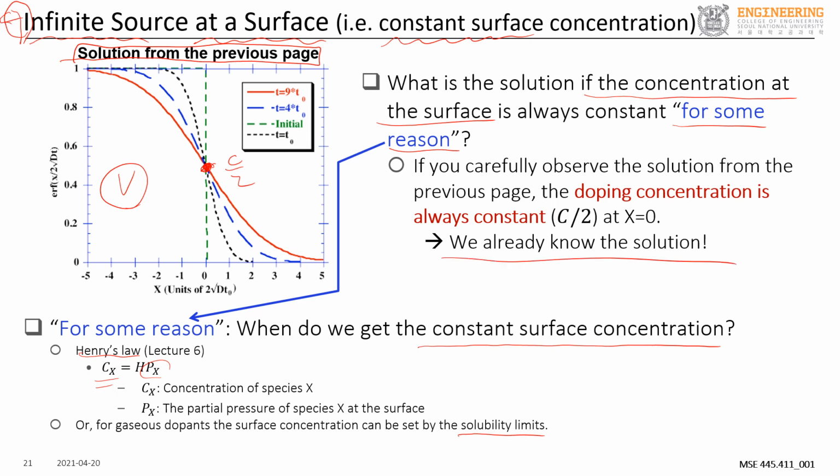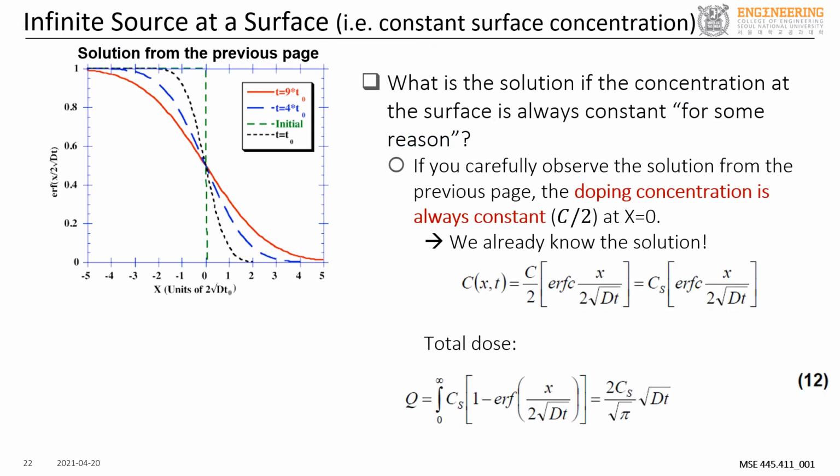So we already know the solution. If you know the solution from case number 3, this was the solution, and now you just need to modify this to be C over 2, and then you can integrate. So the dose will increase with time, right?